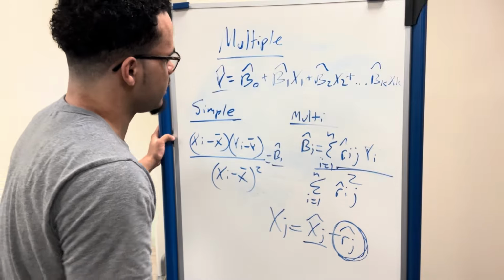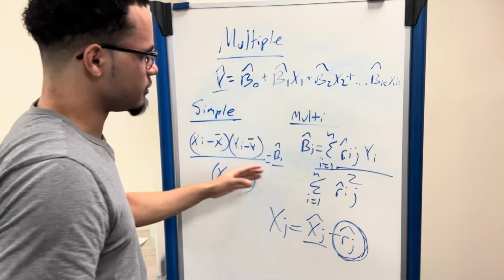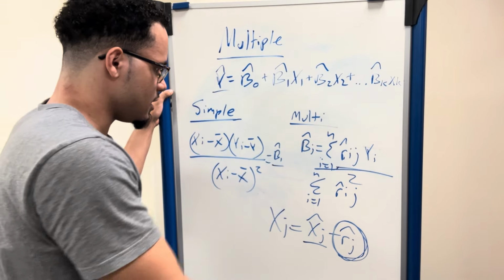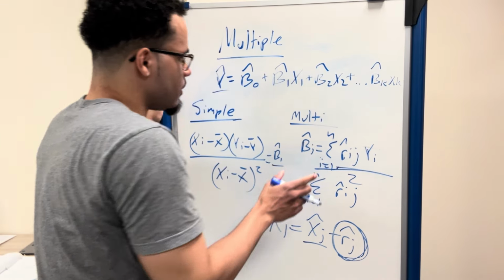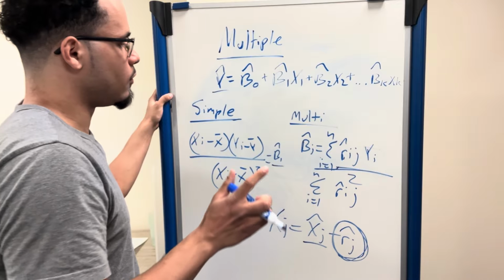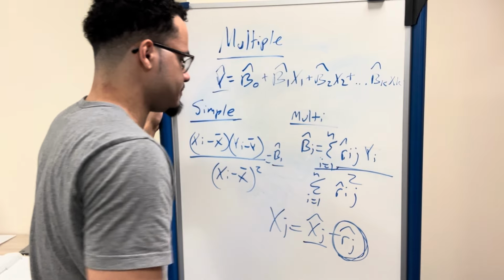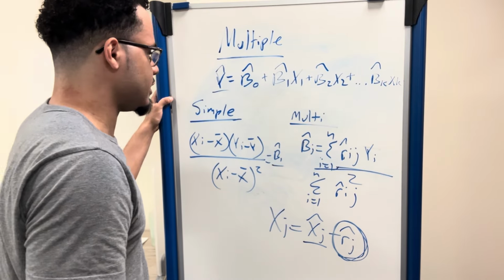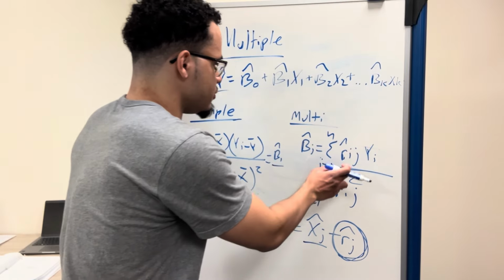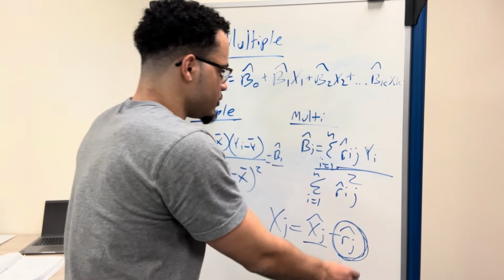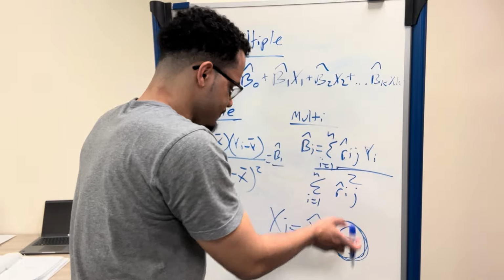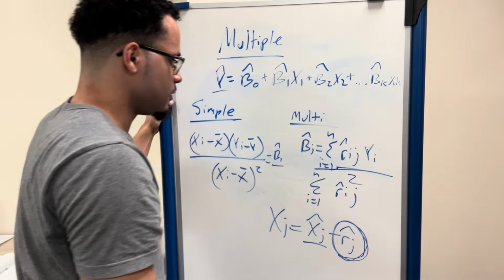And so that leads us to the conclusion that the OLS estimation of the slope parameter is equal to the estimated residual of the explanatory variable.